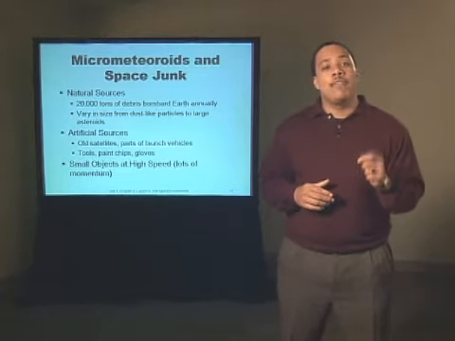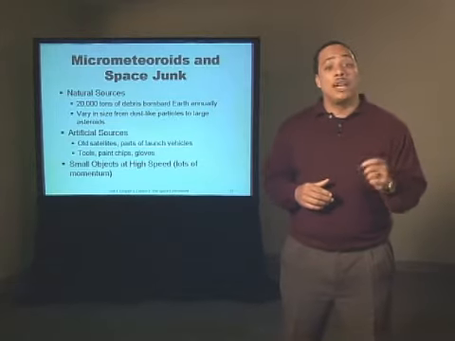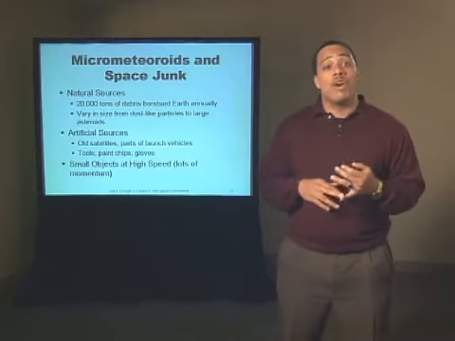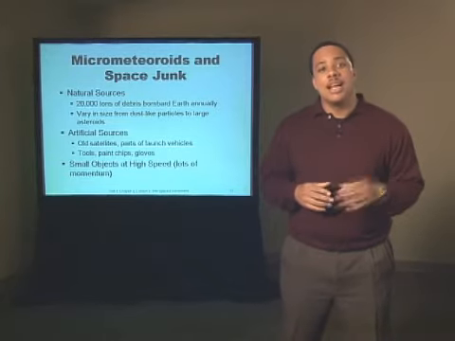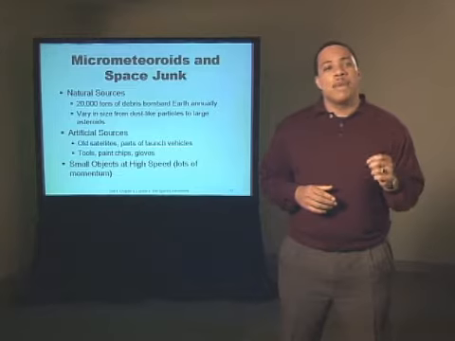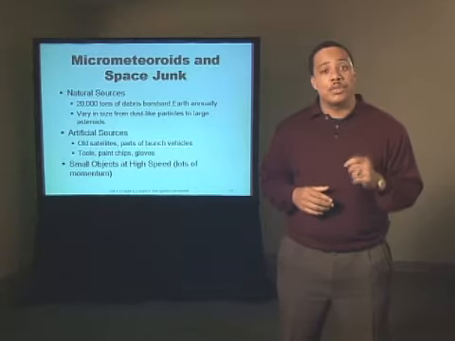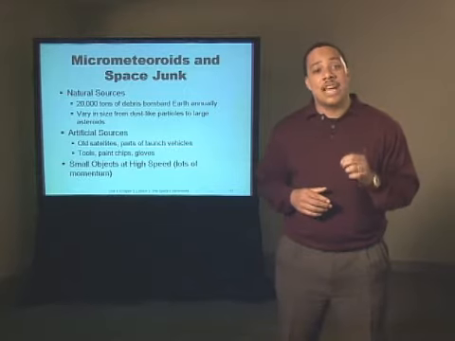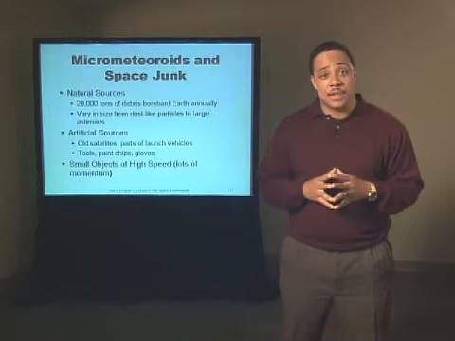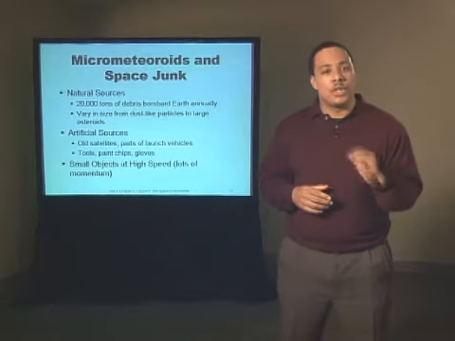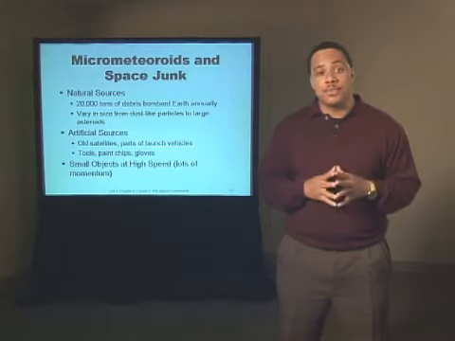Not only do we have old spacecraft, spacecraft parts, launch vehicles and components, but we've also left tools and gloves in orbit. Some estimates say space may hold 40,000 pieces of natural and artificial material that are golf ball sized or larger, and billions of tinier pieces. They're all too small to track, but could seriously damage spacecraft in orbit.